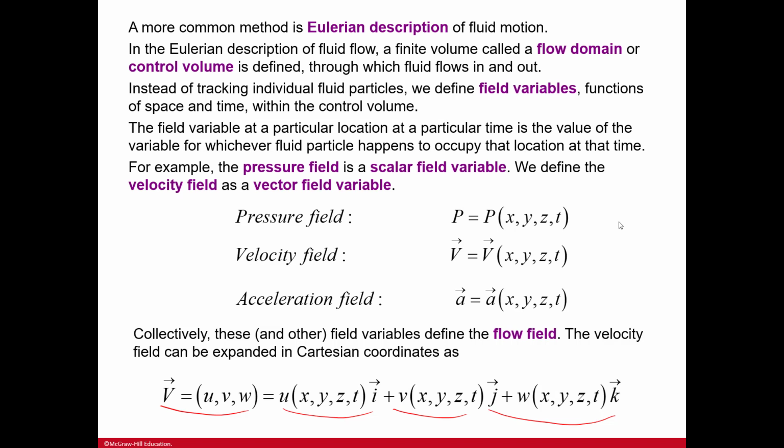And so some of the ones that we look at is pressure field, scalar field, variable velocity, vector, so all of those in here. And that's our flow field, right? So we're not concerned about the actual particles within the flow. We don't care about that. We don't care if it's particle 1 or particle 1 million. We're just concerned about the control volume and what flows in and out of that. And that's what we're looking at.